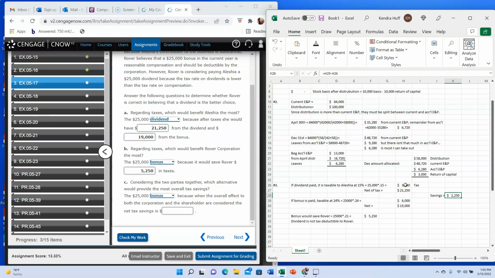Actually, the cost of bonus to Alicia, all right, but it saves Rover $5,250. So it saves Rover $5,250 and costs Alicia $2,250.